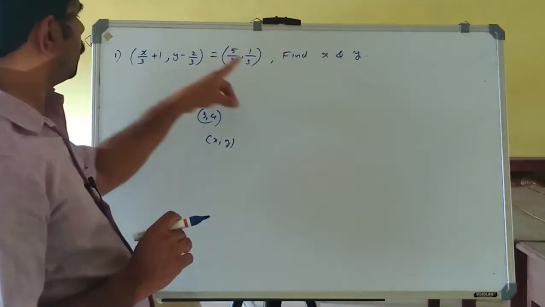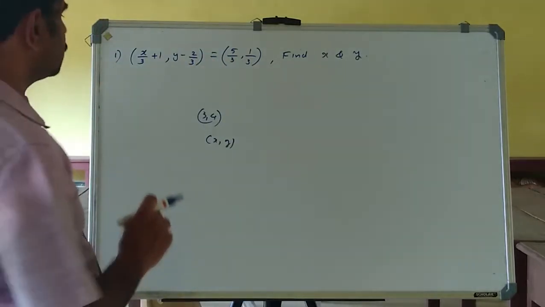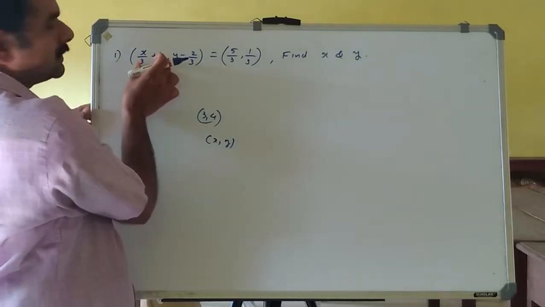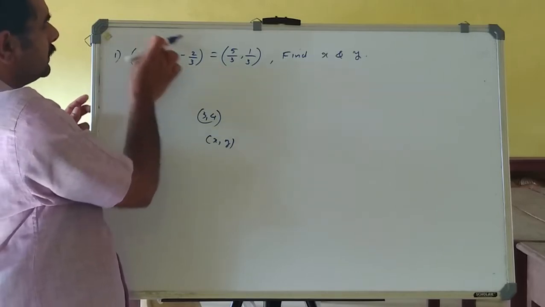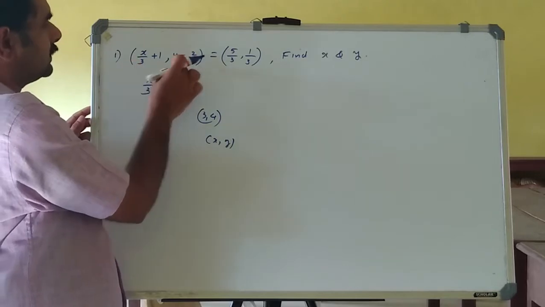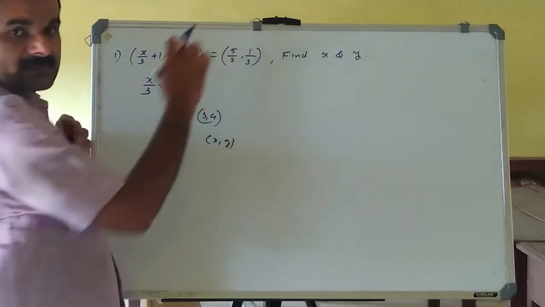So these two pairs are same, which means what? x/3 + 1 is the first number in this pair, corresponding to the x-axis. This lies on the y-axis.